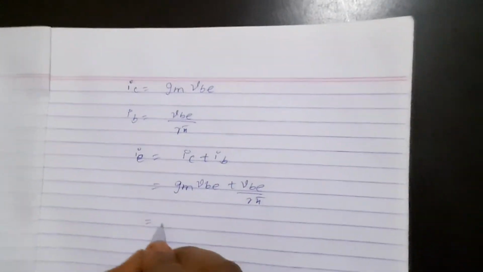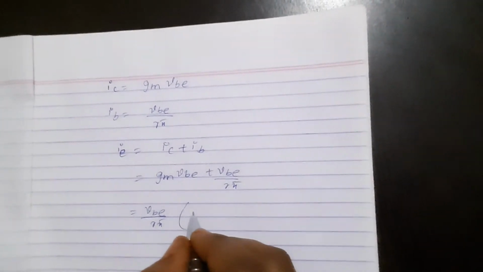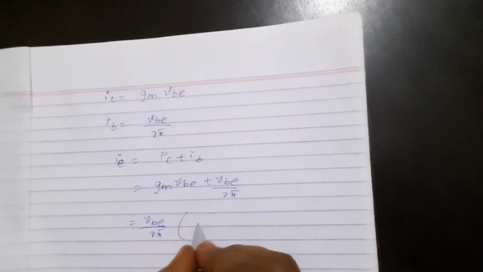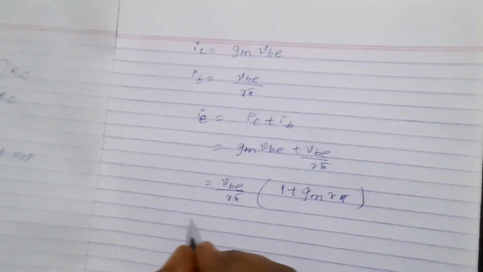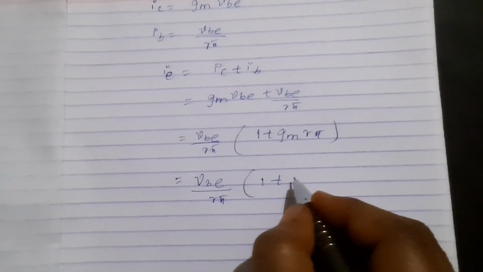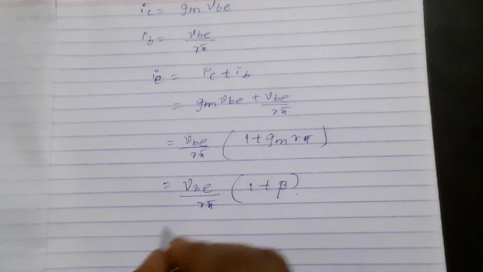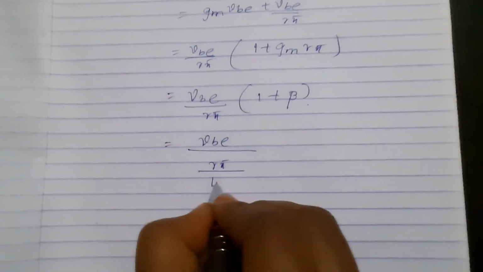If I take VBE by R pi common, it becomes 1 plus GM into R pi. Now VBE by R pi into bracket 1, where GM into R pi becomes beta. Or it can be written as VBE by R pi whole, multiplied by 1 plus beta.